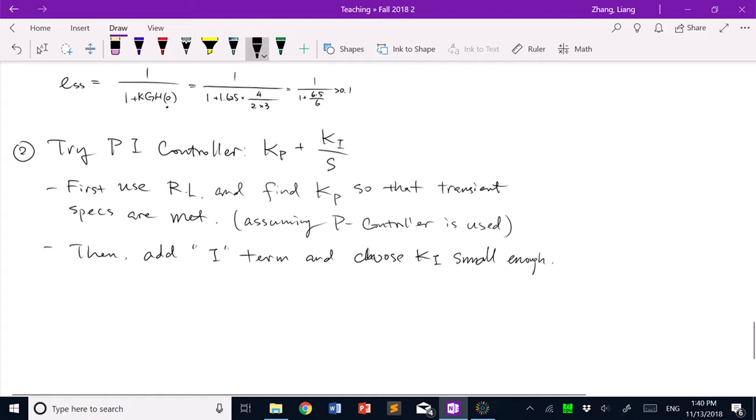So you have achieved that goal already. But by adding that I term, it may compromise your transient performance, so you want to come back and make sure your transient performance is not affected. So you want to choose the Ki small so it doesn't really have major impact.